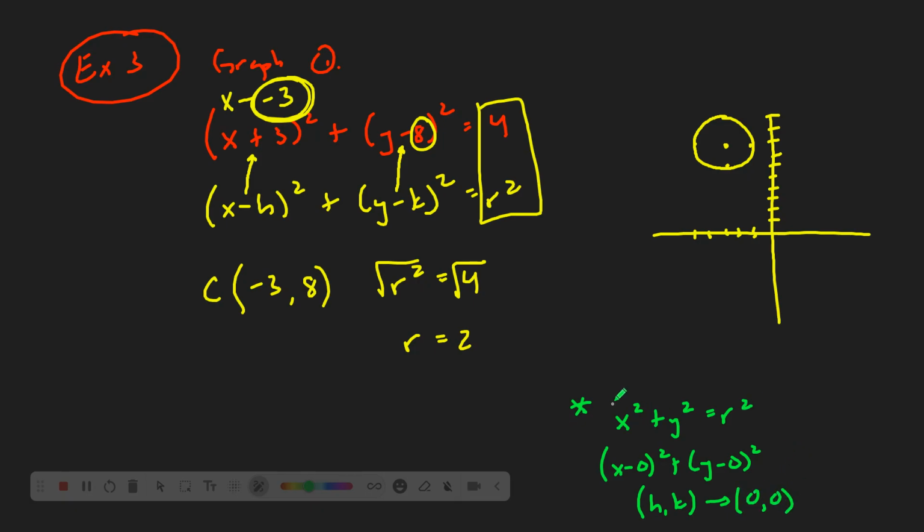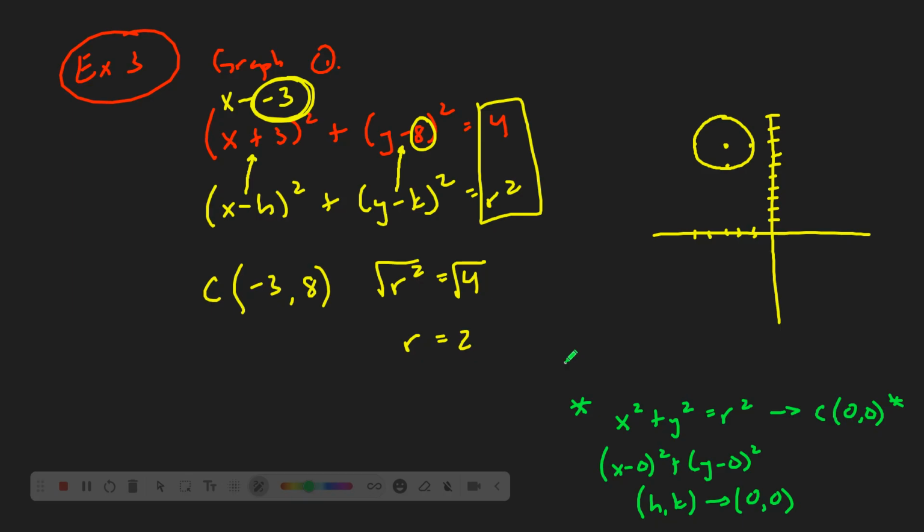So for a circle with no parentheses, both the h and k are zeros, so your center is at the origin, (0, 0). Keep that in mind when you do these problems. If one of the variables or both don't have parentheses, that variable of the center is a 0. That's an important thing to remember.